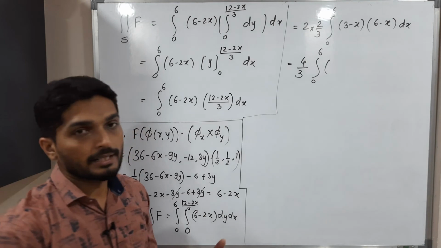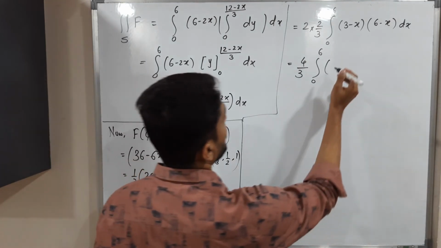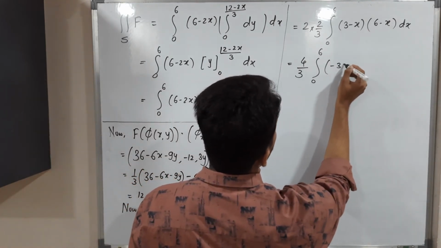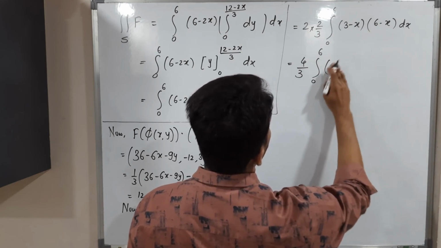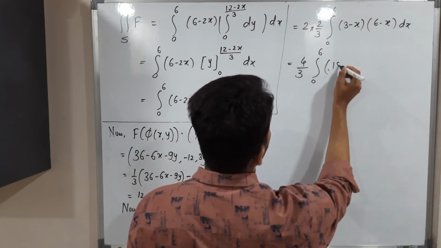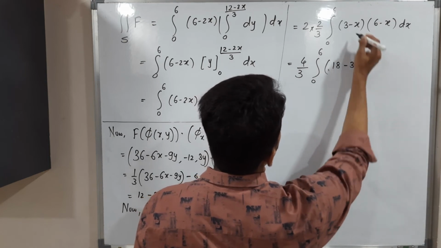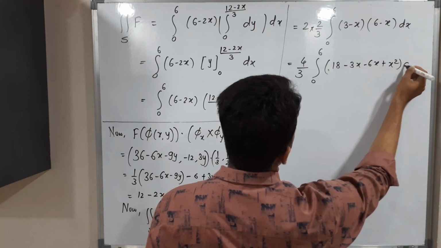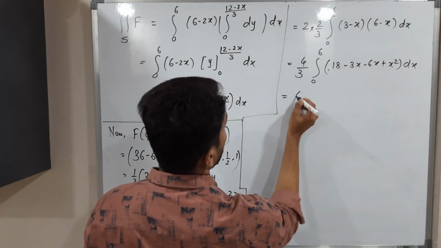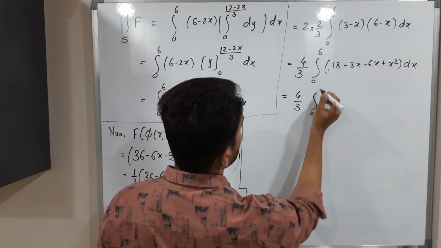We will solve the brackets, we will multiply. Okay, 3 into x, this minus 3x. Yes, okay, first I should multiply. I should take the product of 3 and 6. It is 18 minus 3x, 6 into minus x, minus 6x, minus plus x square. So this is equal to 4 by 3 integration 0 to 6.